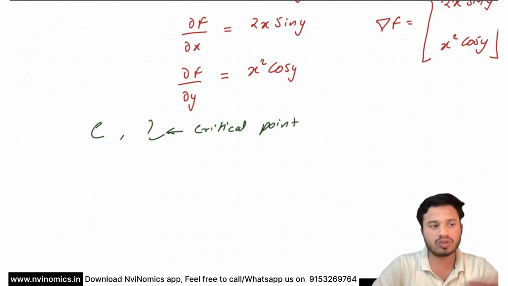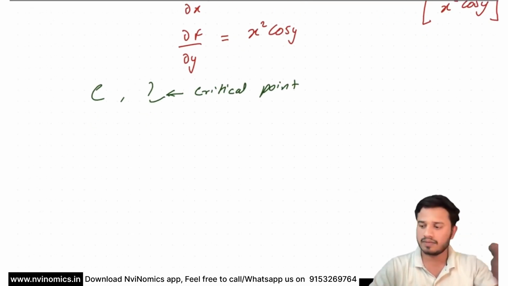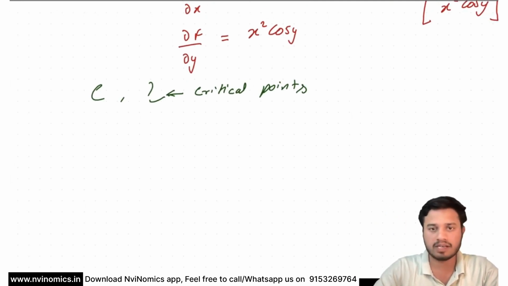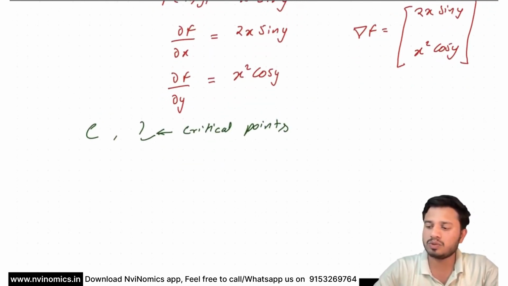Everything is the same, the idea is all the same. You find these critical points, but that alone will not tell you if it is a local minima or a local maximum.